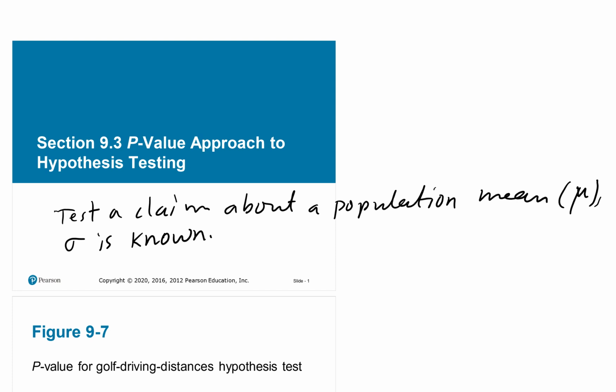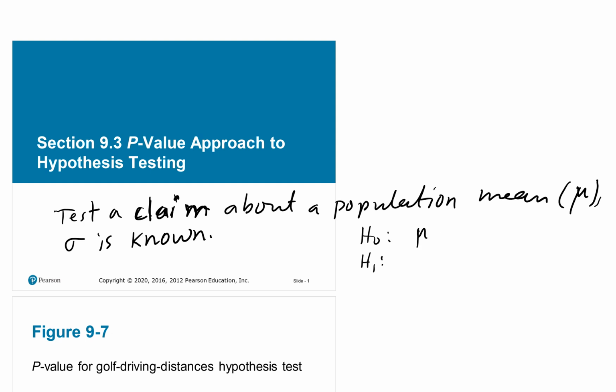We already know it, or it will be given to us. So this is what's going to happen. We're going to test a claim and see whether we support the claim or not, and how the p-value works. First, as we did in the previous section, we set the hypotheses H0 and H1.